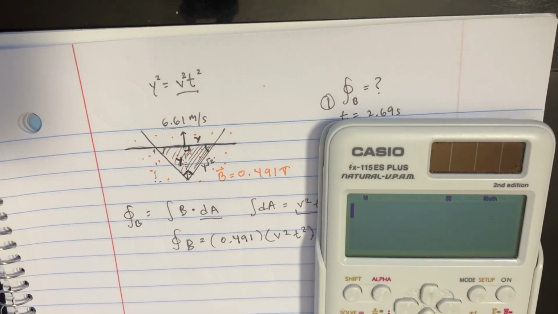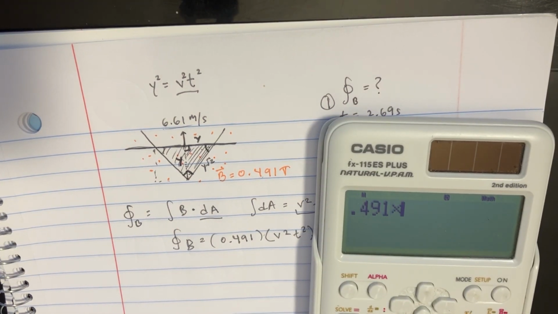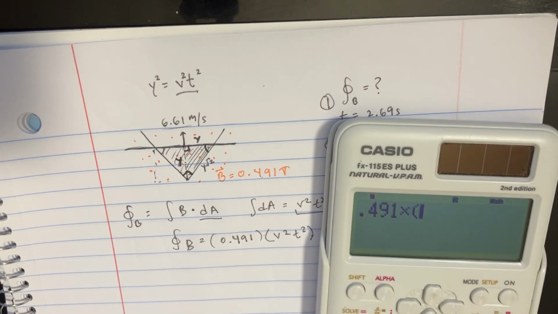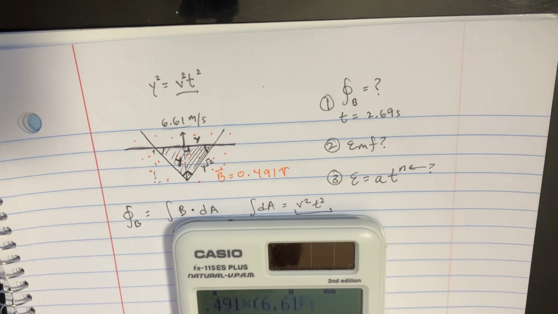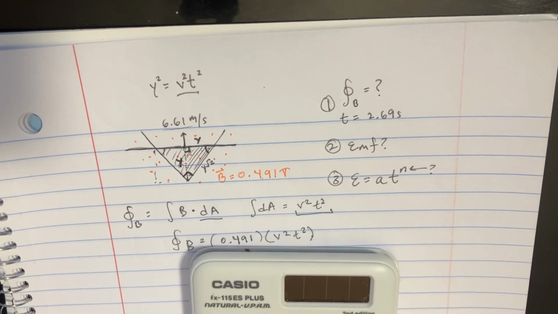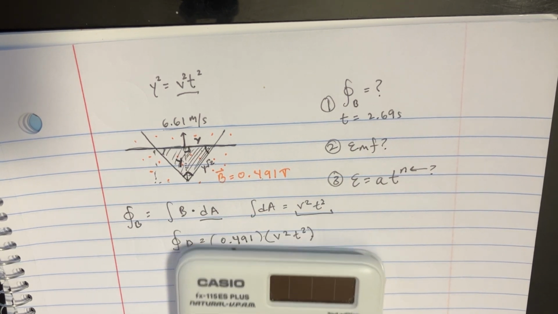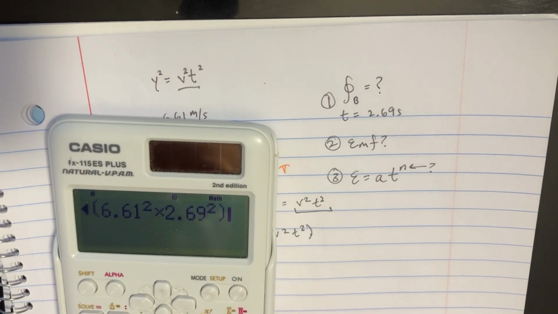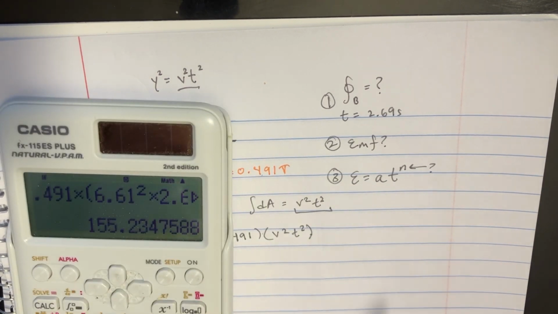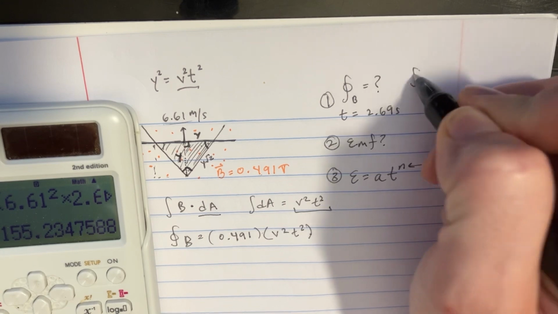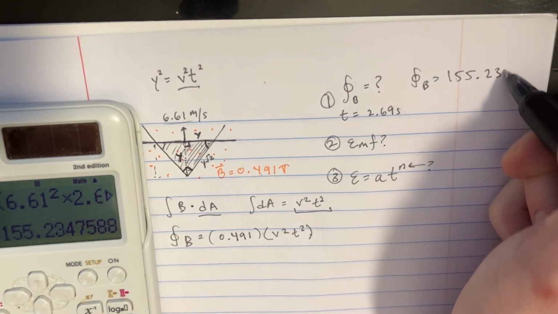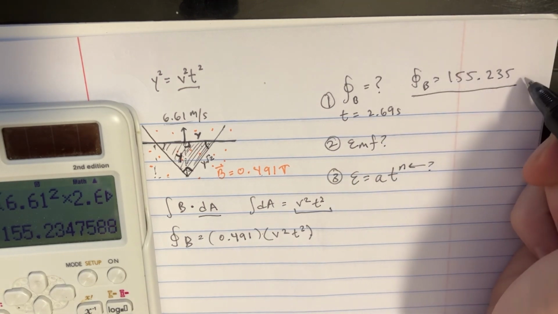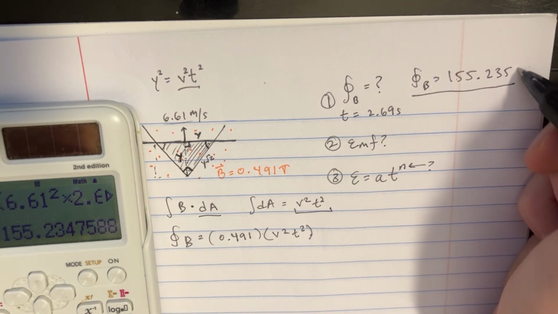We would say 0.491 times the v squared is just going to be 6.61 squared times the t squared is 2.69 squared, and that should give us the total flux at this point. So the flux is 155.35. I suppose this would be in Webers.